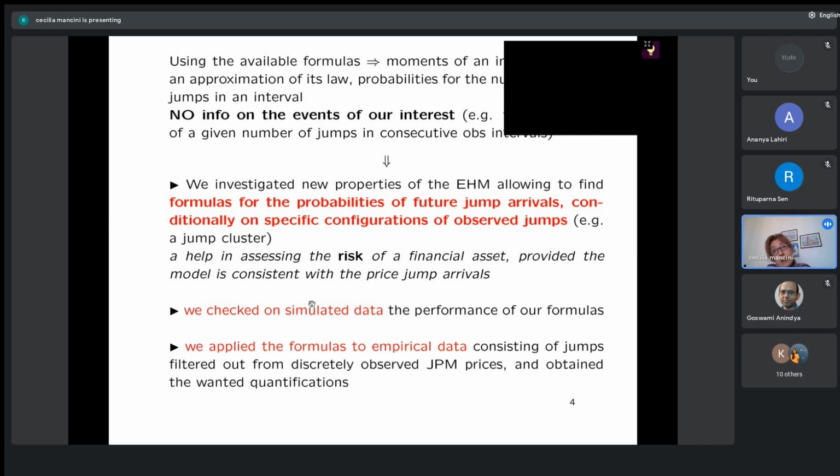So we ask how much error we make in calculating the probabilities with respect to the true probabilities. And we applied the formulas to empirical data consisting of jumps filtered from discretely observed prices of the JP Morgan asset, and obtained the quantifications we were looking for.